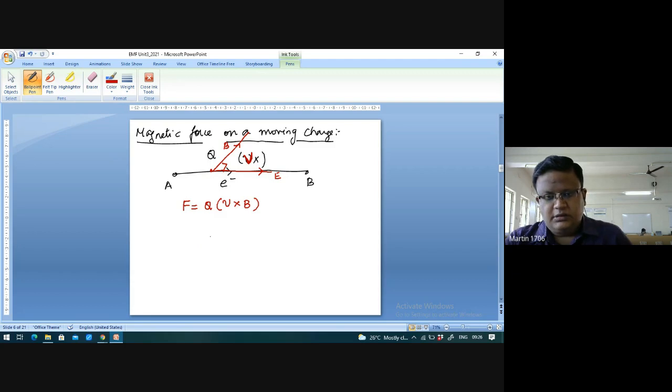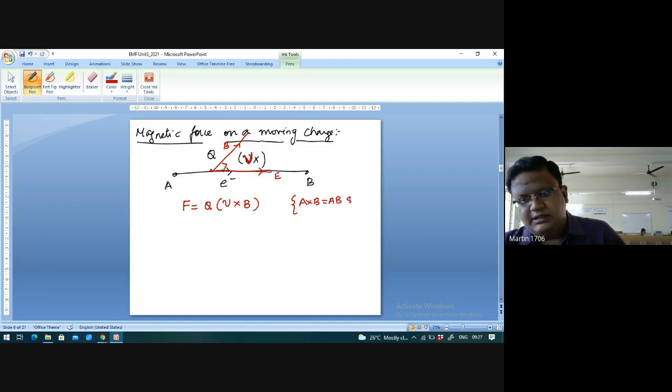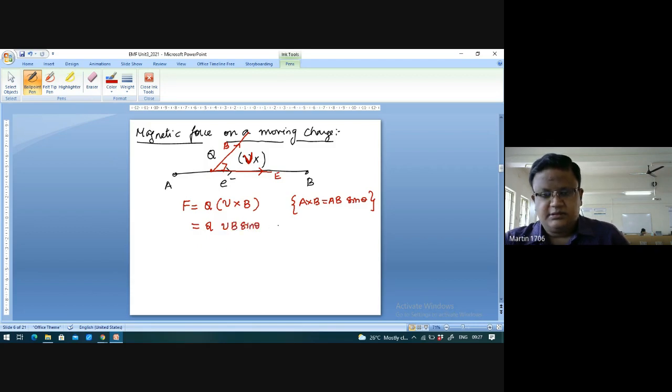Then you know the vector identity that A cross B can be written as AB sin theta. So this equation can be written as QVB sin theta. This is your first equation.